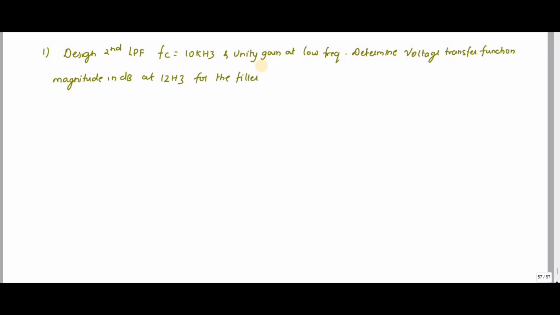So they have given the value of FC, right? We know that FC is equal to 1 divided by 2 pi RC. If I substitute 10 kilohertz, I will get the value of RC equal to 1 by 2 pi into 10k, that is nothing but 15.92 into 10 power minus 6. This is your RC.